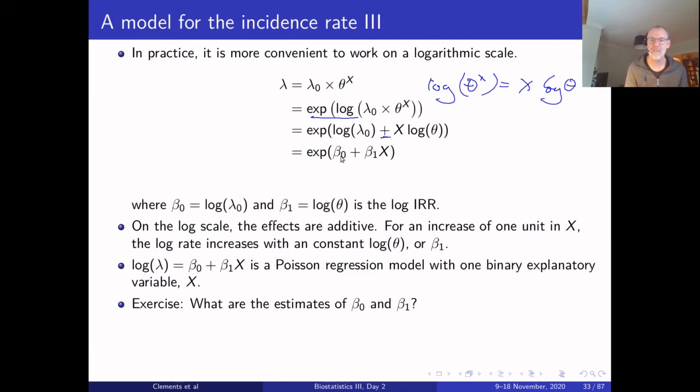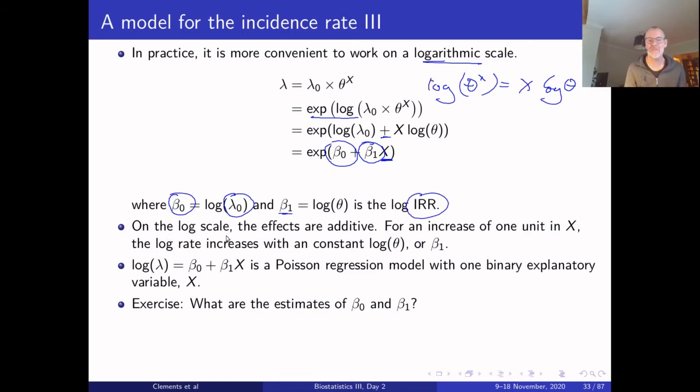So then what we get is an intercept term and a main effect for x on the log scale. So beta naught is equal to the log of the baseline rate, and beta 1 is equal to the log of the incidence rate ratio.